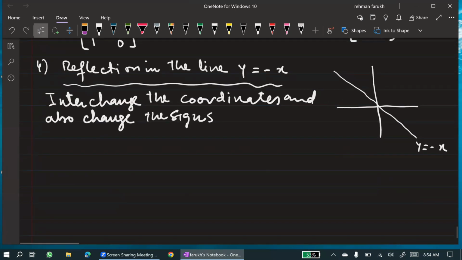If the point is P, Q, then the new coordinates after reflection will be minus Q, minus P.